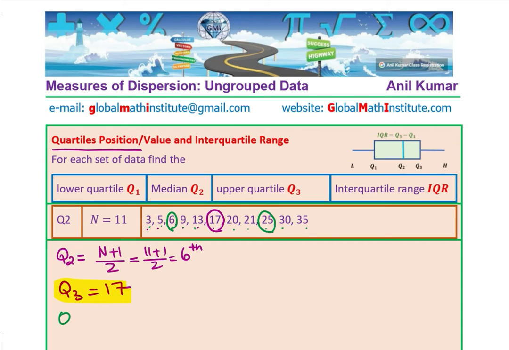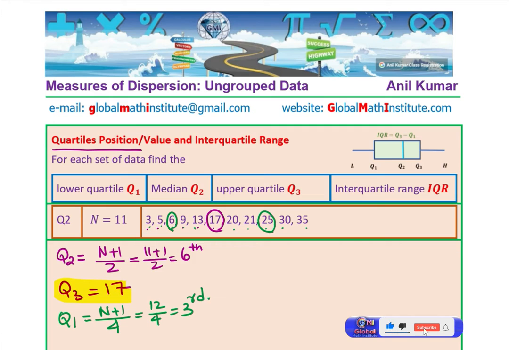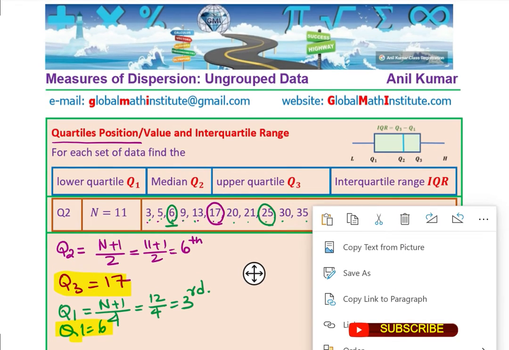Let's use the formula for Q1, which is (n plus 1) divided by 4. Which is 12 by 4, or 3. So this is the third position, which is 6 for us. So we have Q1 equal to 6. Is that clear to you? Correct? So Q1 is equal to 6 for us.